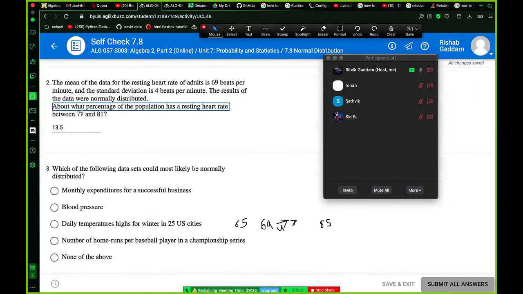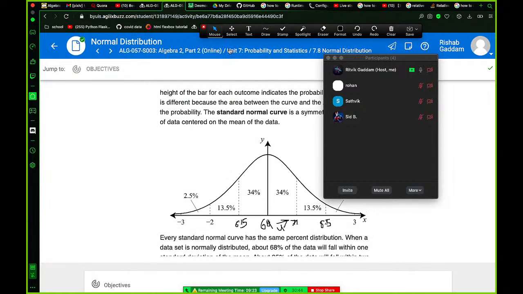And it's asking about what percent of the population has a resting heart rate between 77 and 81. So let's go back here and look at this. 77 is not that value. What is this supposed to be? That's a 69. No, I did write 71. It's supposed to be 73.